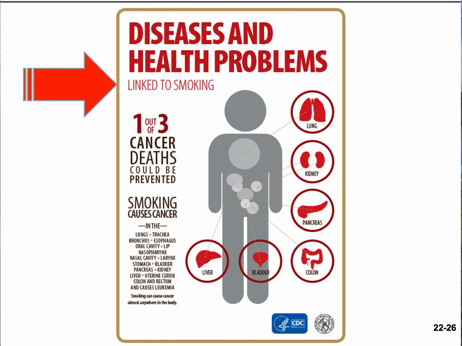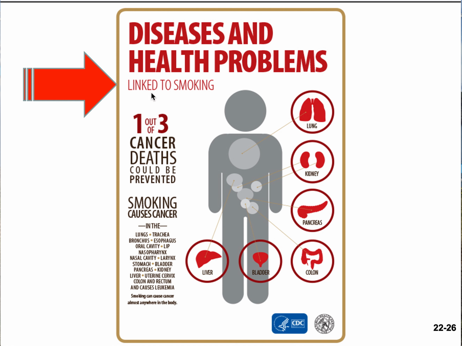So a few more summaries from all sorts of organizations like the CDC down here. Diseases and health problems linked to smoking. 1 out of 3 cancer deaths could be prevented. Now, I just listened to President Biden talk about a recommitment to a war on cancer, and their goal was to reduce cancer deaths by half in the next 25 years.